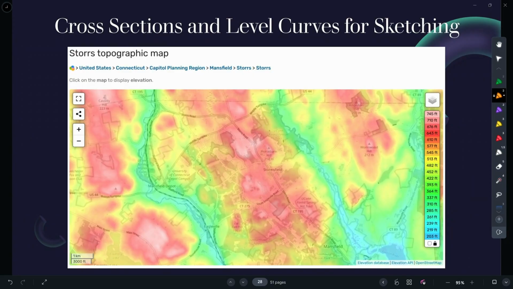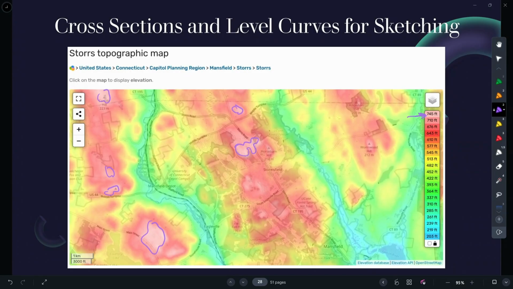You've seen level curves before. I took a topographic map of stores, and you can see, these are level curves. Let me draw in purple, for example. So the higher elevations, if I draw this, it is the cross section with the map at 745 feet.